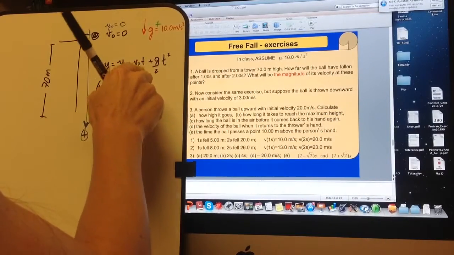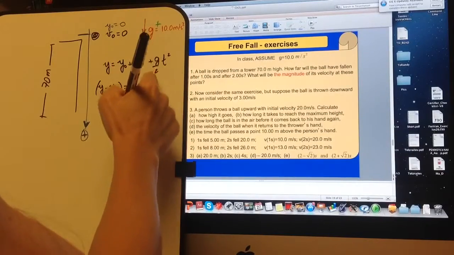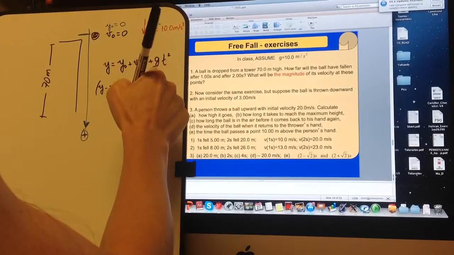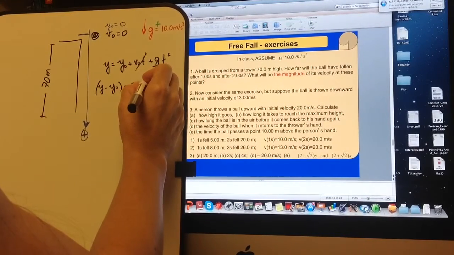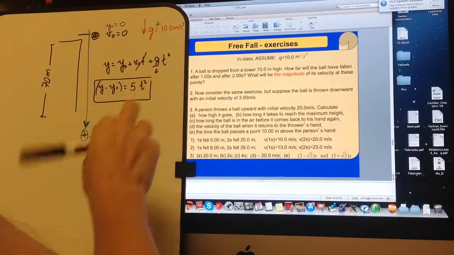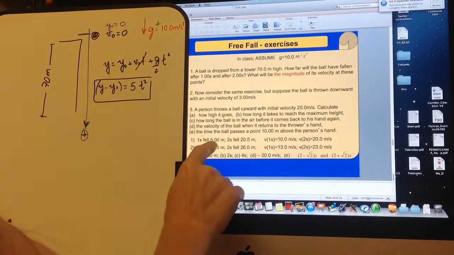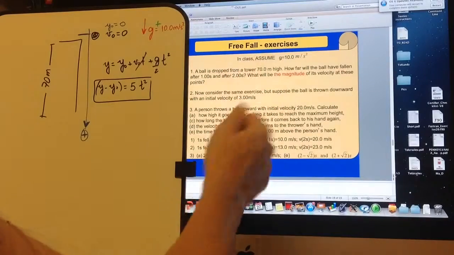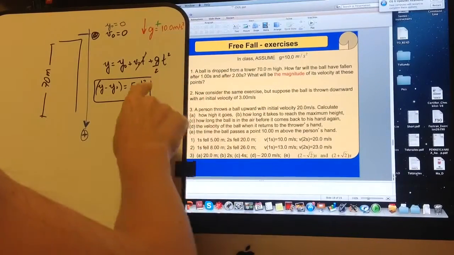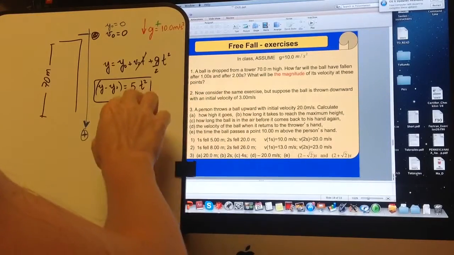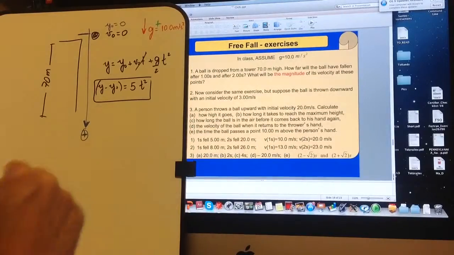And this is v naught t, but v naught is 0, so I don't need to write anything. g is 10, and 10 divided by 2 is 5 t squared. So this is the equation that I have. Then here I just need to put 1 second and I'll get the displacement. The displacement, how much we travel, is 5 meters. For 2 seconds, well, 2 seconds squared is 4. 4 multiplied by 5 will give us 20.